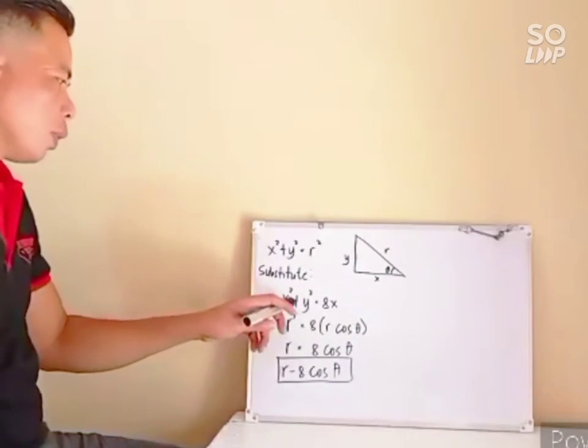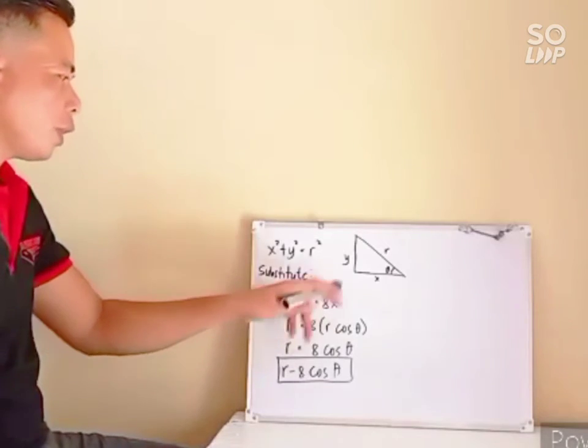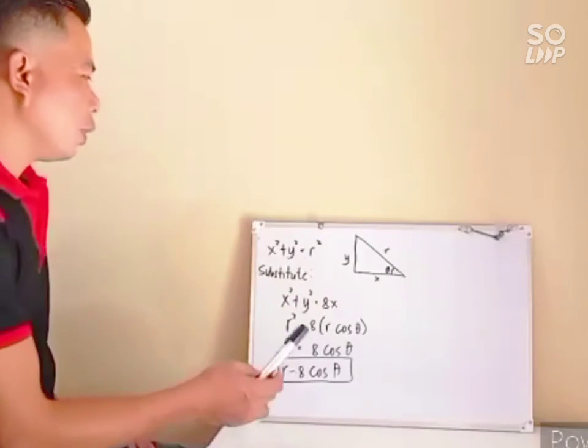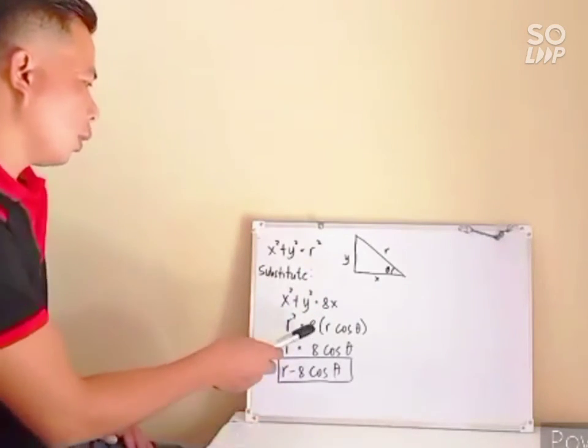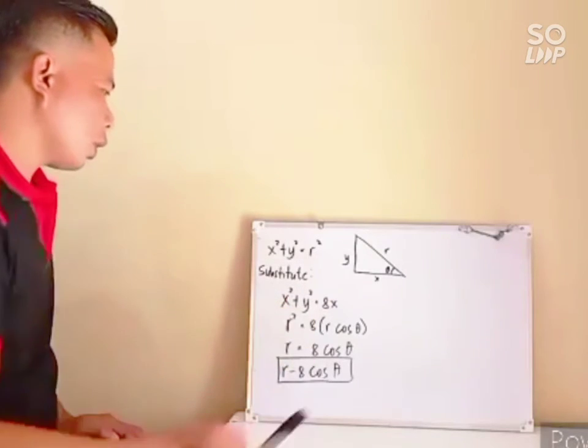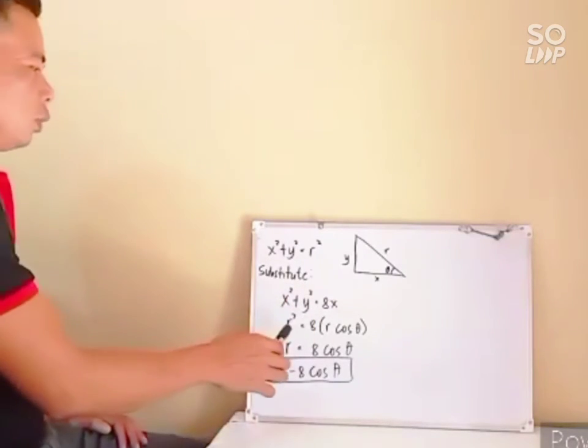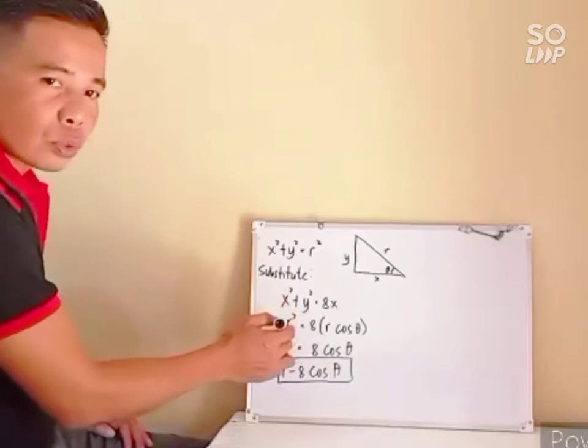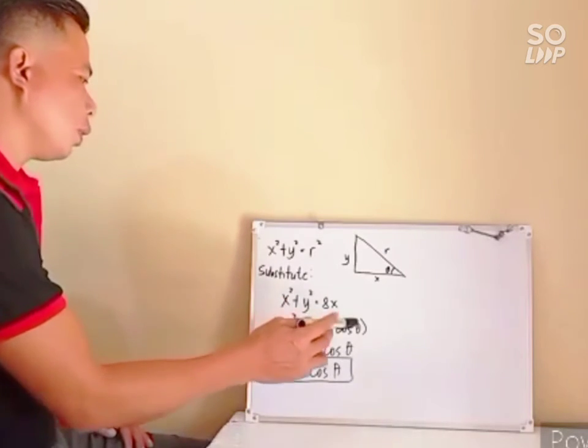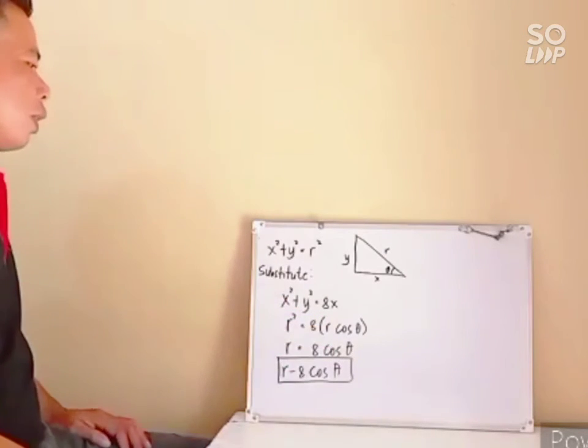Our given is x squared plus y squared equals 8x, but our x is r cosine theta, so it becomes r squared equals 8 times r cosine theta.